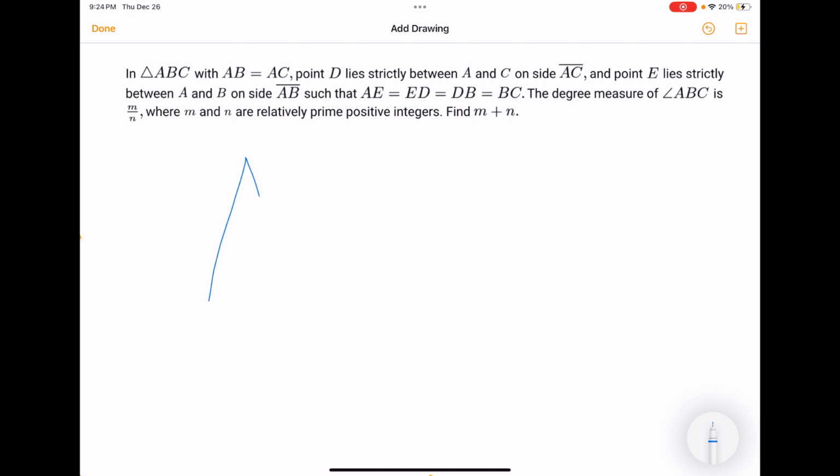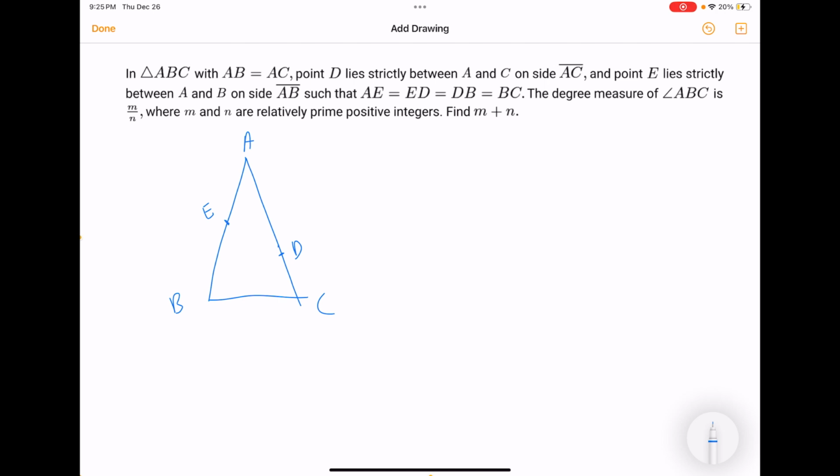like this. This will be A, B, and C. So we know that AB is equal to AC. And then we have some points. So we know that E is on AB, and D is on AC.